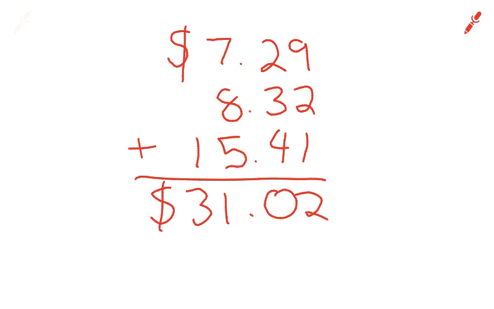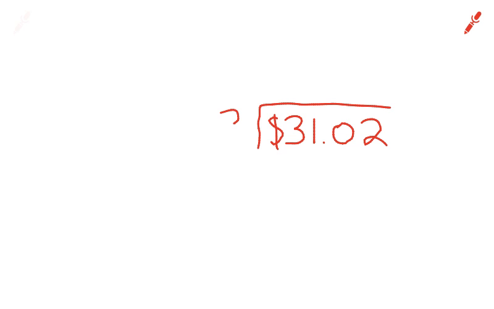Now, keeping that number to average, we're going to take our $31.02 and divide it by how many dollar amounts we used. We used 3: $7.29, there's 1, $8.32, there's 2, and $15.41, there's 3. 3 goes into 3 one time. 3 times 1 is 3.